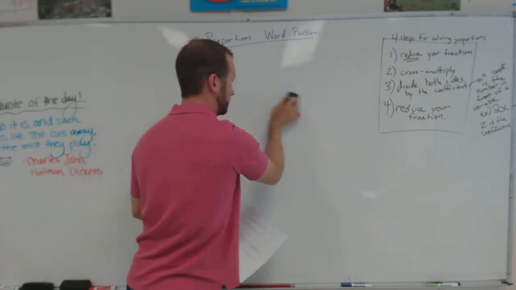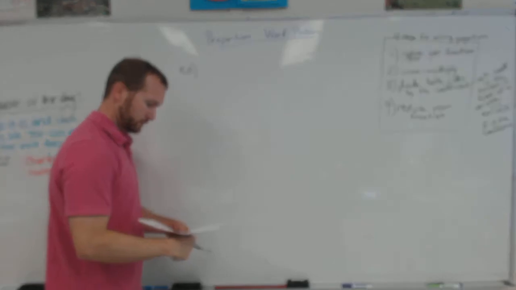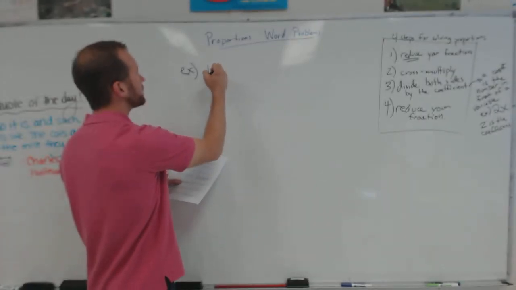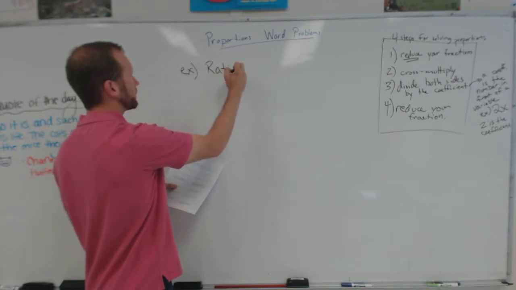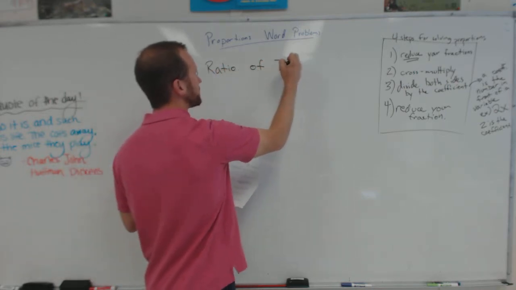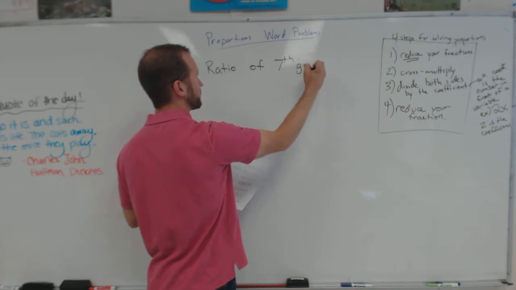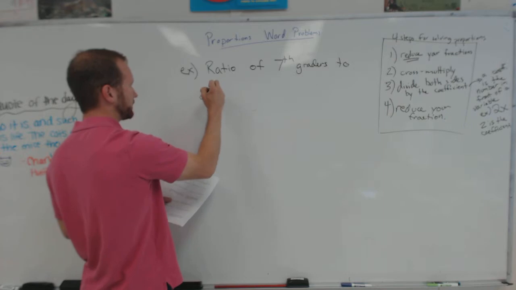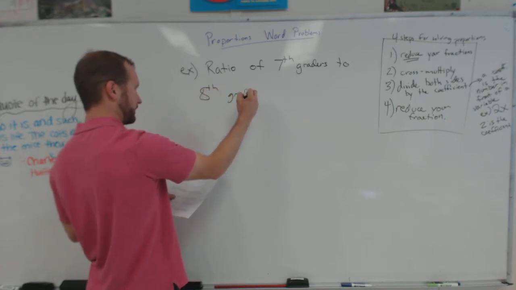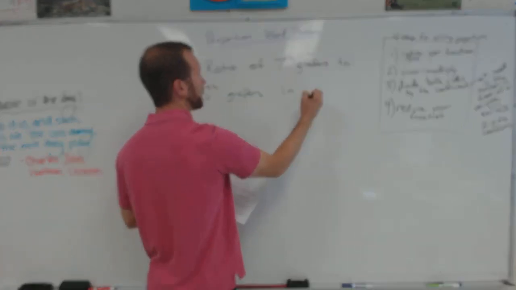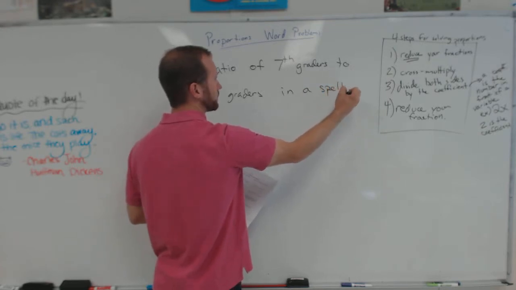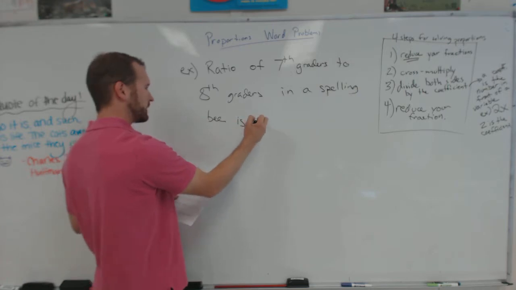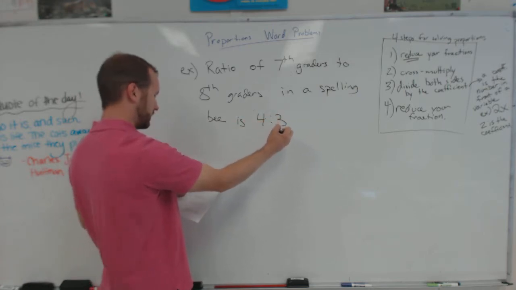So, second example. Okay, it says the ratio of 7th graders to 8th graders in a spelling bee is 4 to 3.